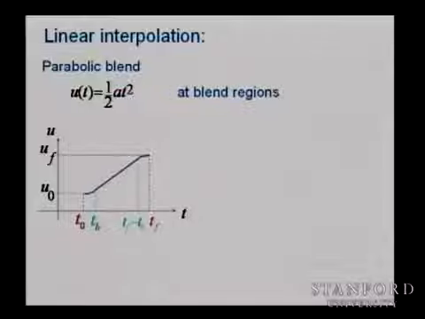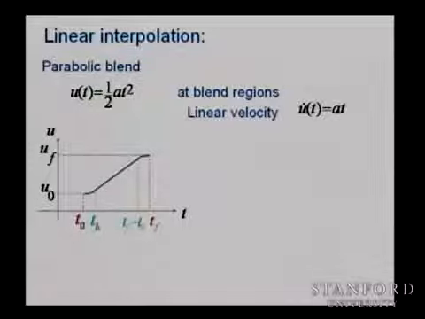So we have one parameter, which is a, and we want to introduce some conditions for this parameter. That will give us one more condition that we can satisfy, which in our case is velocity. We want to make sure that the velocity is continuous throughout the motion.